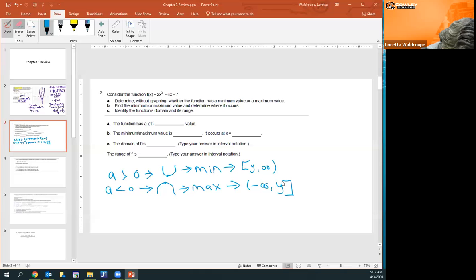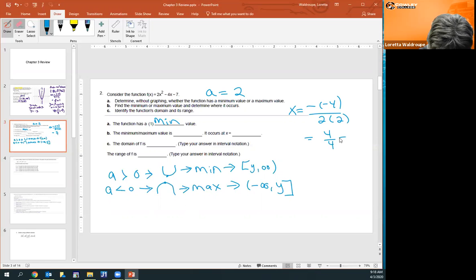So looking at this equation, A is a positive 2. That's greater than 0, so I have a minimum. To find the minimum value and where it occurs, you find the vertex. So my x value is negative b, which is negative 4, over 2a. So that gives me 4 over 4, which gives me 1. And to find the y value, of course, we plug 1 back in.